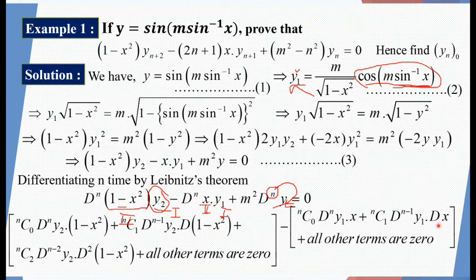So the first derivative of x is 1, so the next derivative will be 0. So all the other terms will be 0, and plus m square yn equals to 0. Now we can open all the brackets.